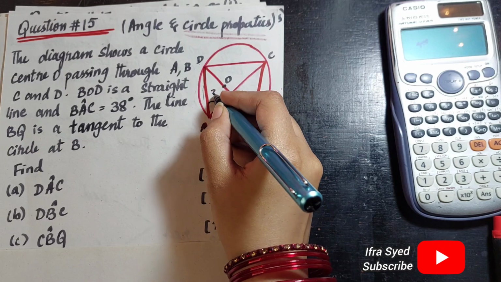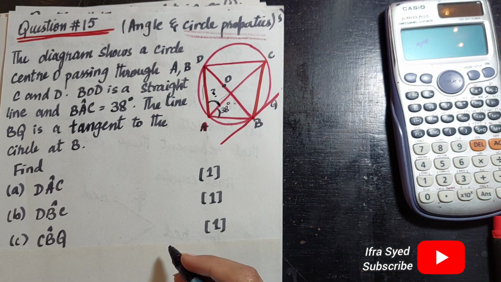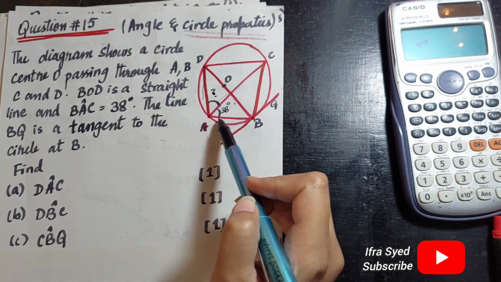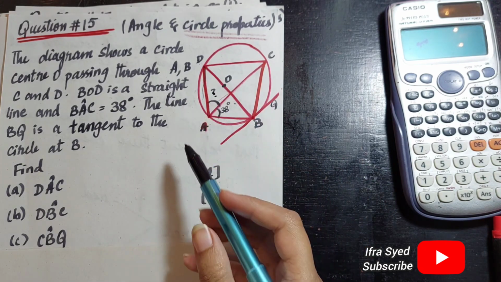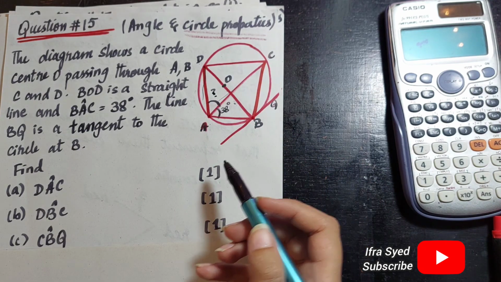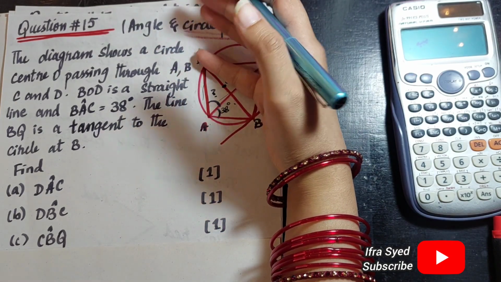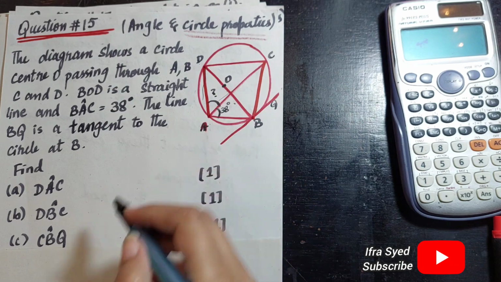value of this DAC. You can see that this DAB is a straight angle. So it is of 90 degrees. As you can see, it is a semicircle, and this angle is of 90 degrees.